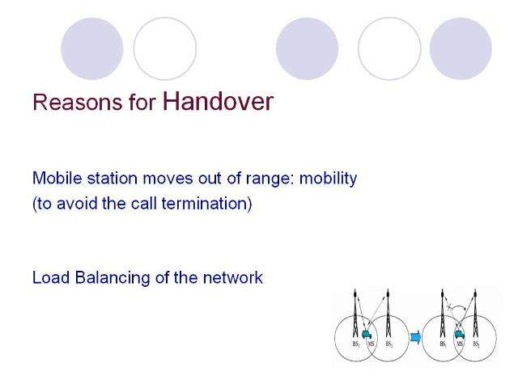So this handover is known as handover due to load balancing. That means if all channels of one base station are busy, then a nearby base station can provide service to the device, that means service to the mobile station or stations.